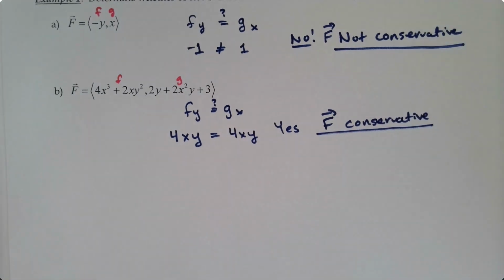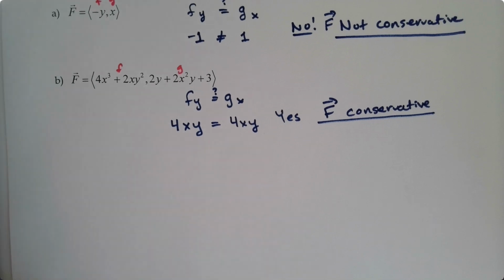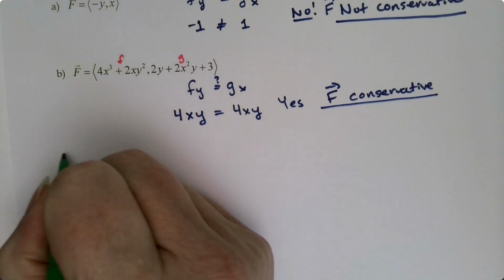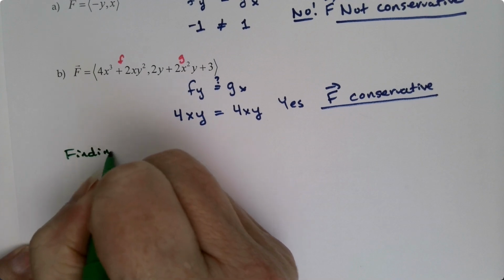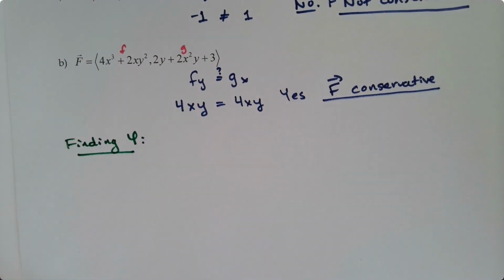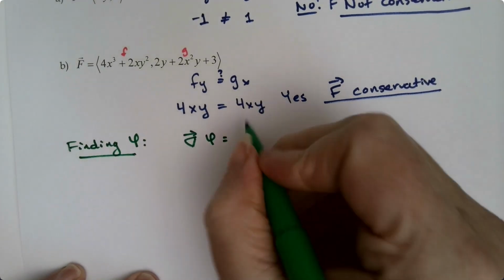All right, now since f is conservative, we can then find the potential function phi. Now the gradient of phi is equal to our vector field.